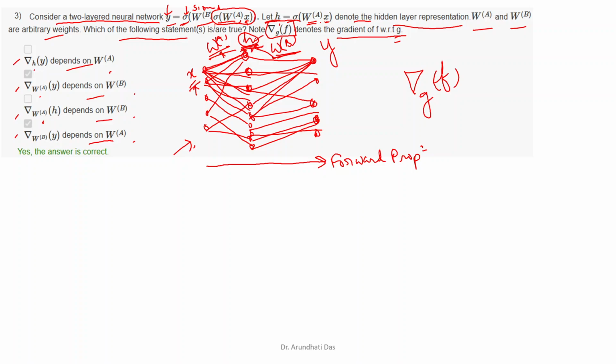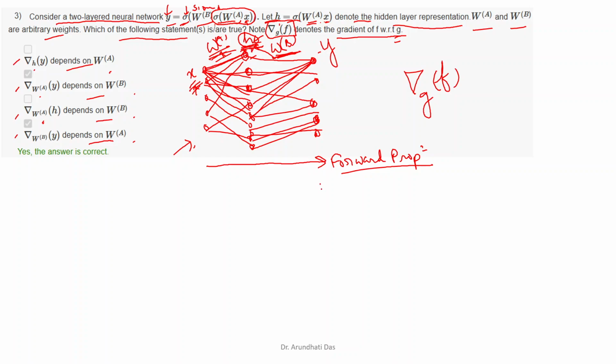Why? Because this h value that we have obtained is nothing but the multiplication of wa and x. So y is directly dependent on wb and h, and indirectly dependent on wa and x. This is the case during forward propagation.